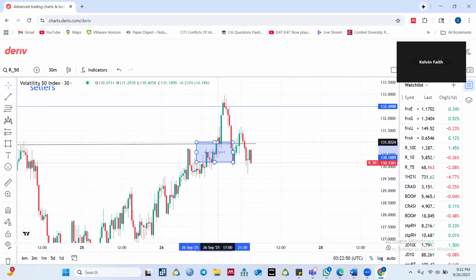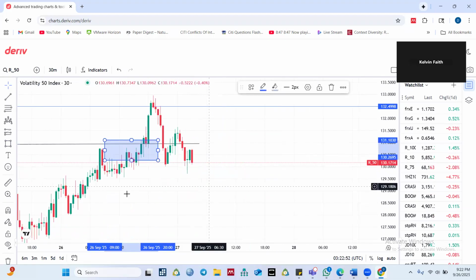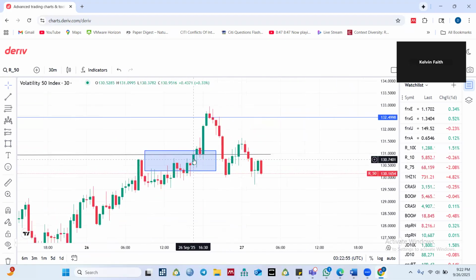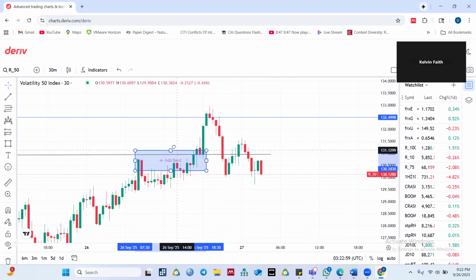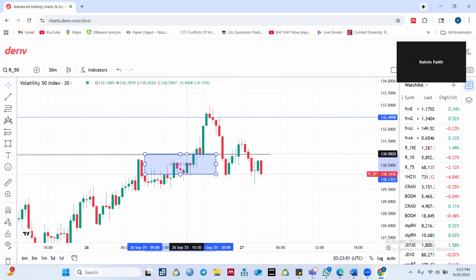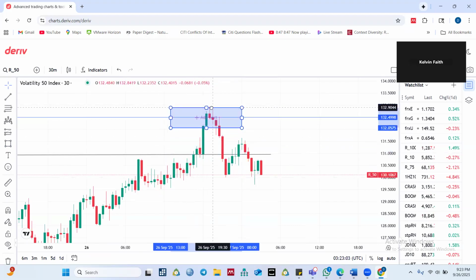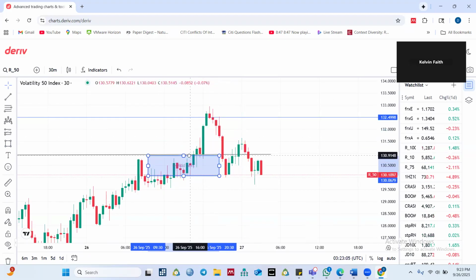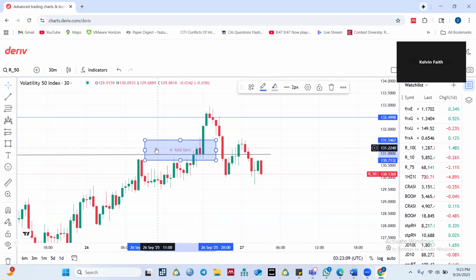Now, price engulfs with a bullish candle, engulfs that area, closes above that line, retests this, and on it, boom, push to the upside. So this is a buy setup. What happened here is a buy.